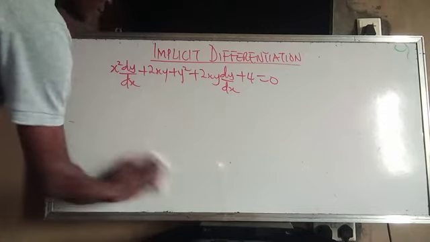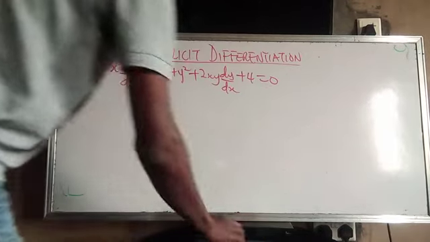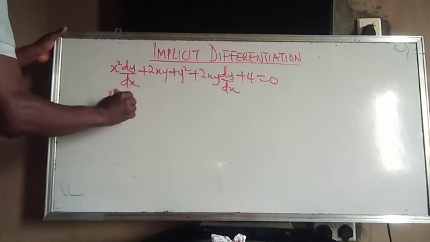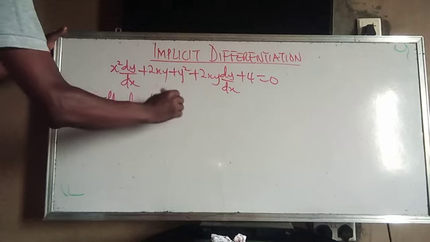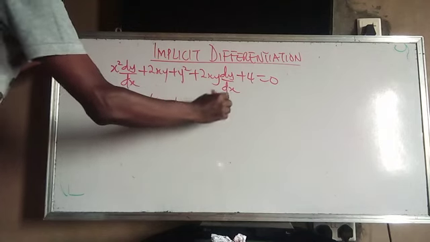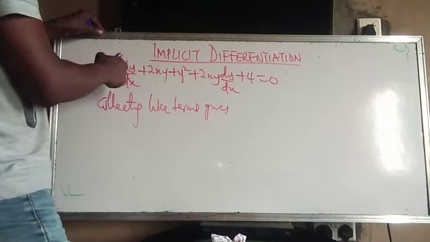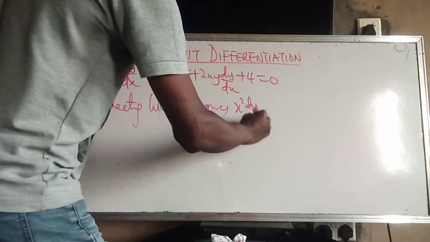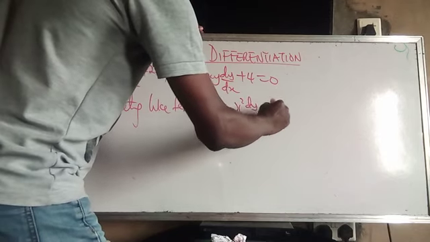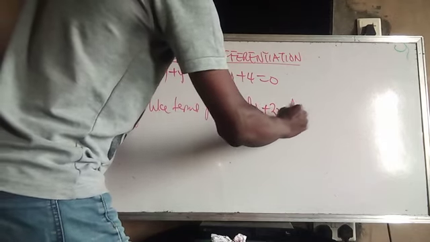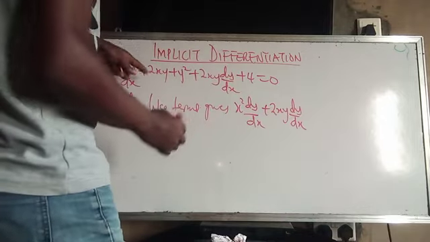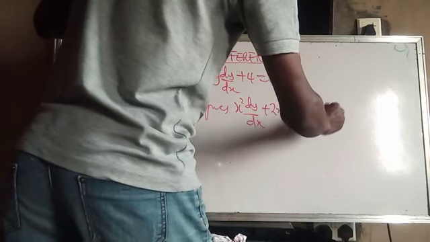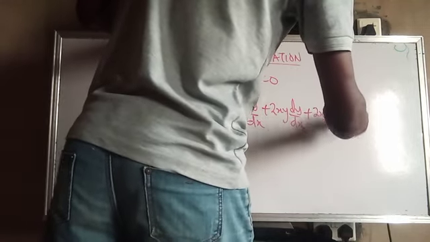Collecting like terms gives the ones that have dy/dx: x squared dy/dx plus 2xy dy/dx, plus 2xy plus y squared.